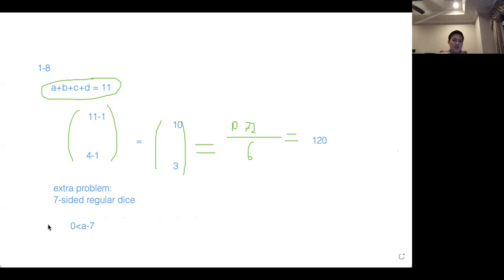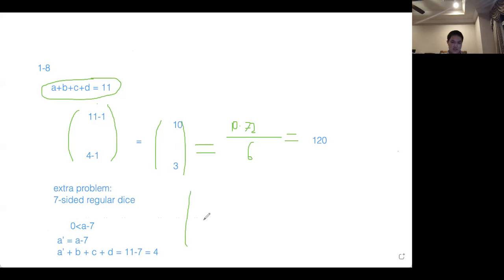This is the same restriction we have on a normal stars and bars. So if we subtract 7 from a, let's say a prime is equal to a minus 7, then we have a prime plus b plus c plus d equal to 11 minus 7, which is 4. Now this fits the stars and bars form, so we apply stars and bars on this, remembering that this is the overcounting of invalid cases that we want to exclude.